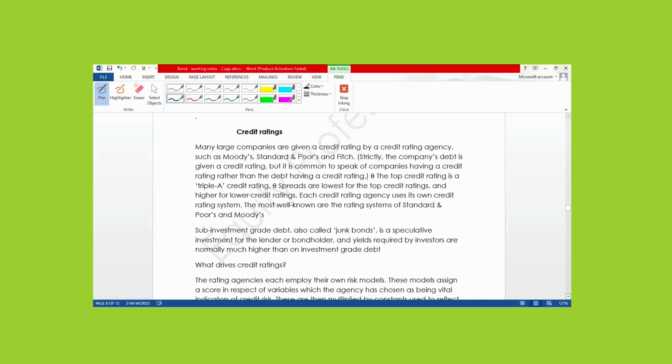The credit rating is done by rating agencies. They consider different factors so as to determine the credit rating of a company.